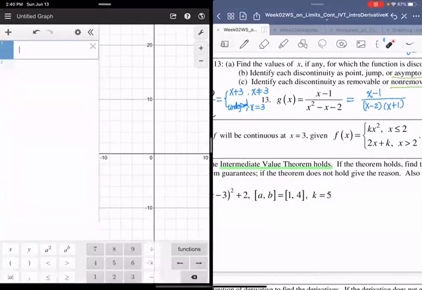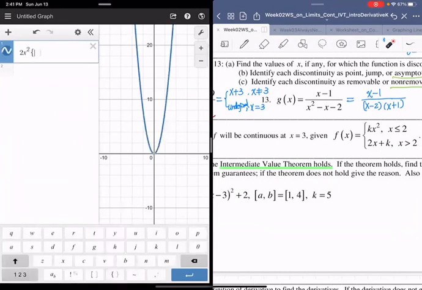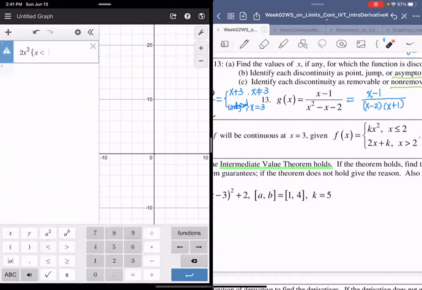Wow, Olivia, you're so good. So, for example, if k is 2, so 2x squared on the left, x is less than 2. Yeah, we already have 2 smart kids who got the correct answer, okay?